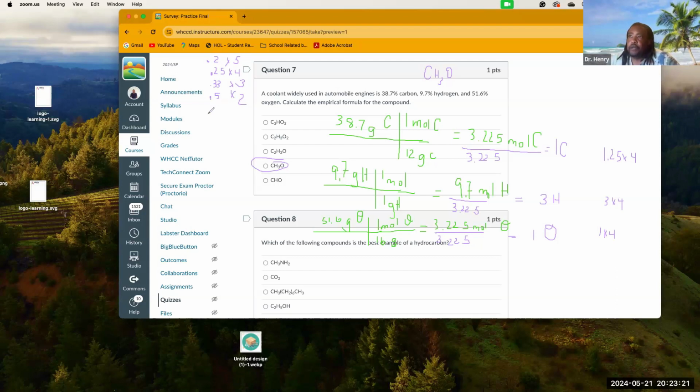And then if it's 0.66, we're going to multiply it by 3. 0.75, we're going to multiply it by 4.